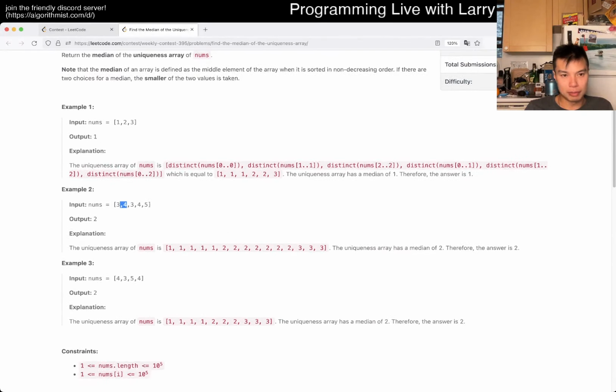If this is the rightmost, then for 4 we have 1, 2, 2, 2. So we can't even just go by seeing the 4s. Huh.